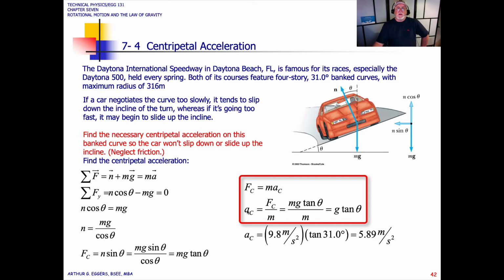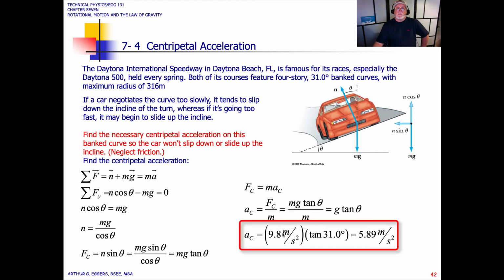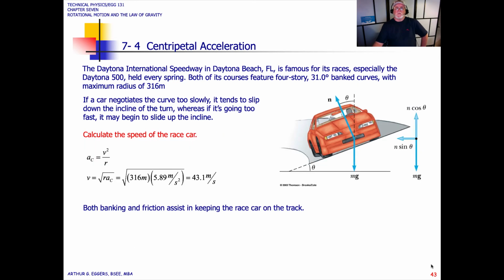Solving for acceleration centripetal, that's equal to the force centripetal divided by the mass, which equals, now we can substitute that mg tan theta in there, divided by m, the m's cancel out, we have the acceleration of gravity times the tangent of theta. So 9.8 meters per second squared times the tangent of 31 degrees gives us an acceleration centripetal of 5.89 meters per second squared.